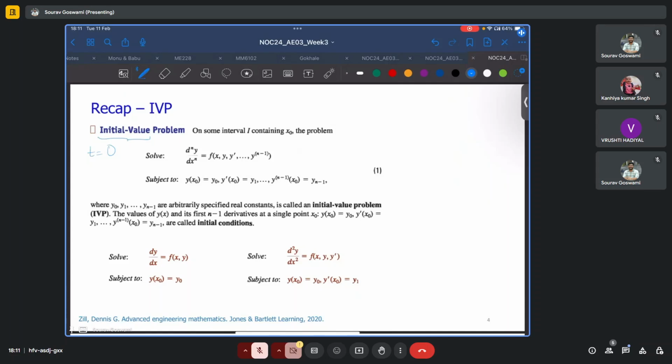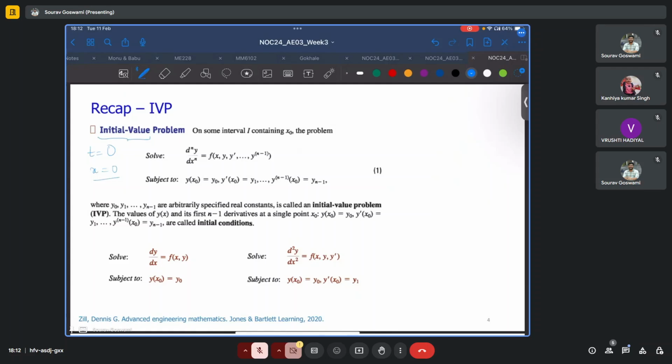If it's a time dependent problem, or if it's in y and x, say at x equal to 0, you have some information about the state of the system. And this information can later be used to derive a unique solution for the given ODE.